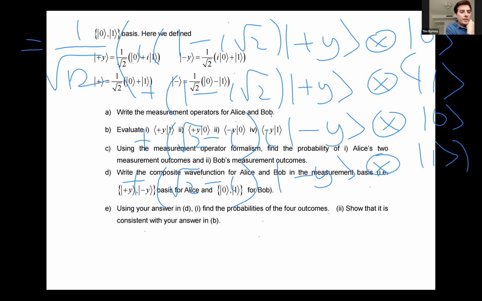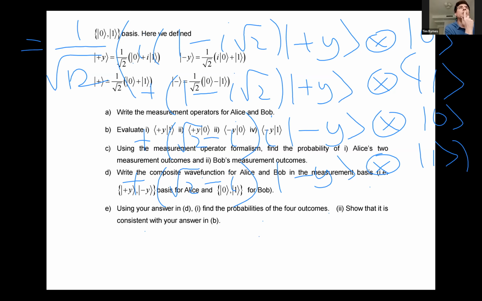All right. So, and then the final question is, using this wave function that we just wrote down, write down the probabilities of the 4 outcomes. And then show it's consistent with B. All right.